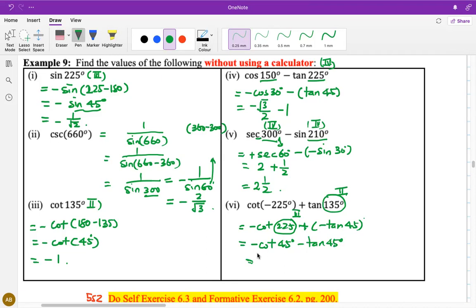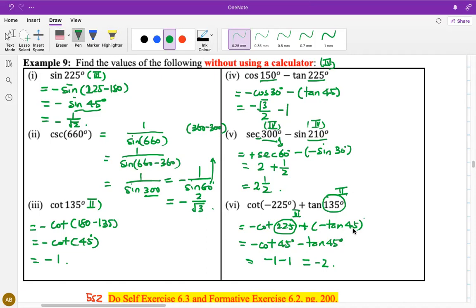Therefore you will get 1 minus 1... tangent 45 is also 1, so you get negative 2. We can check the answer, don't worry.